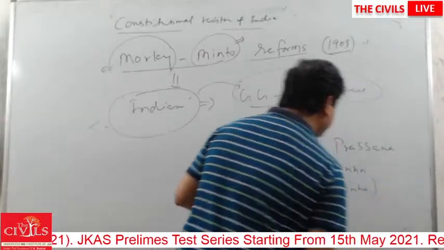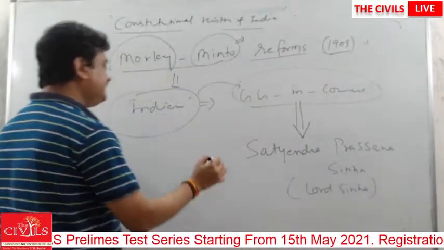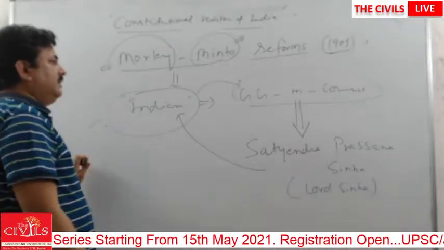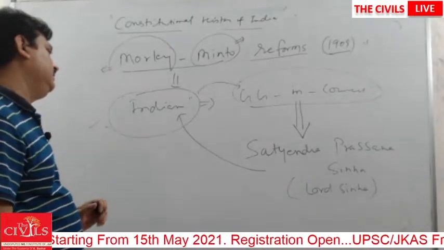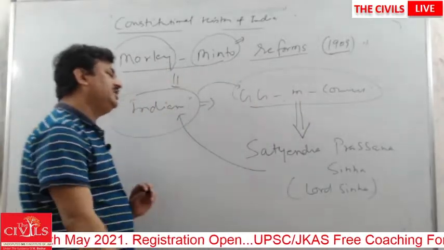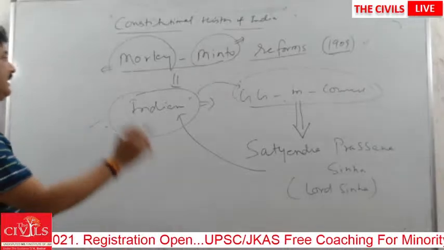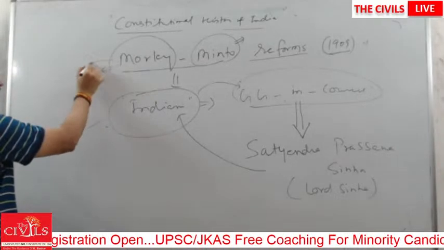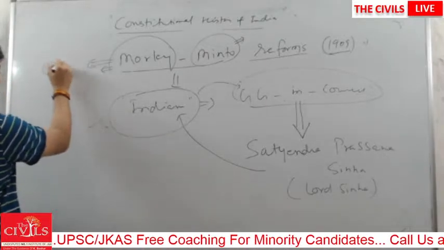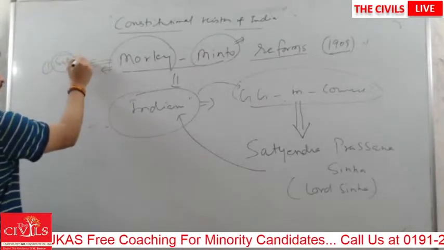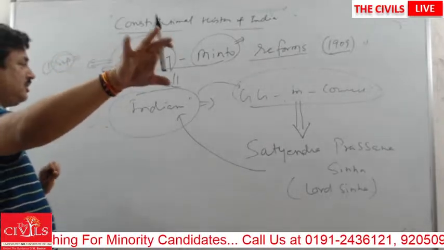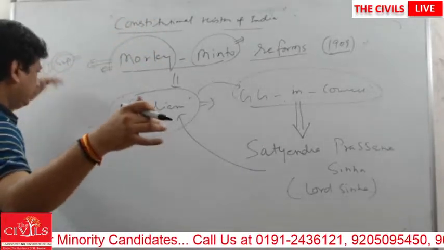He was the first Indian who was appointed in the Governor General Council. So this Morley Minto reform is famous for two or three things. First, the separate electorate system for Muslims, that was called the communal electoral system, and for other groups.